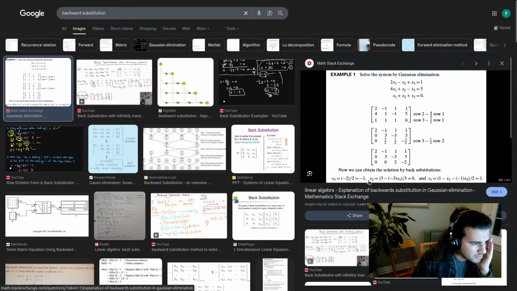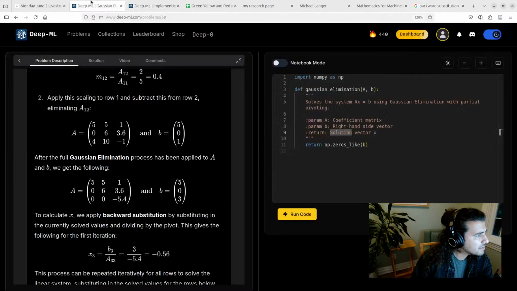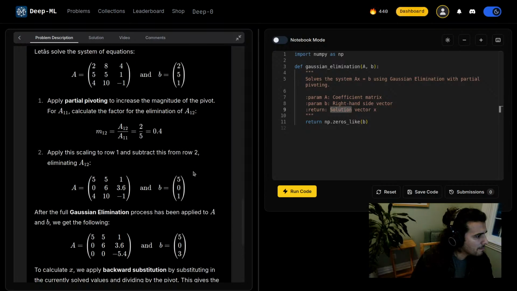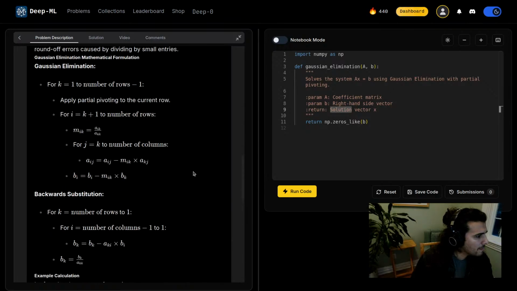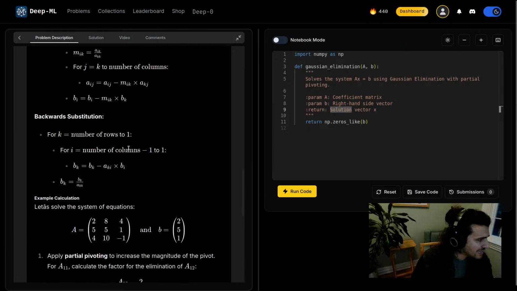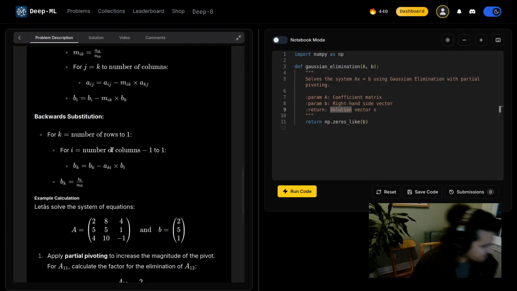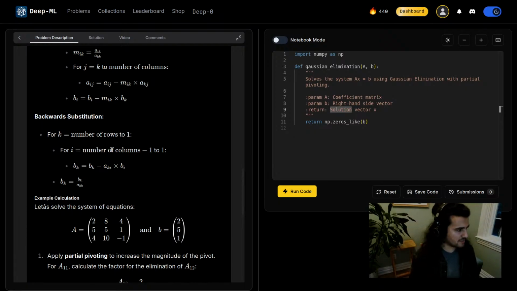Nice one. Are we saying here, guys, that the last row, sorry, the last column is B? Because if we are, then it makes sense. But if we're not, then it doesn't make any sense.